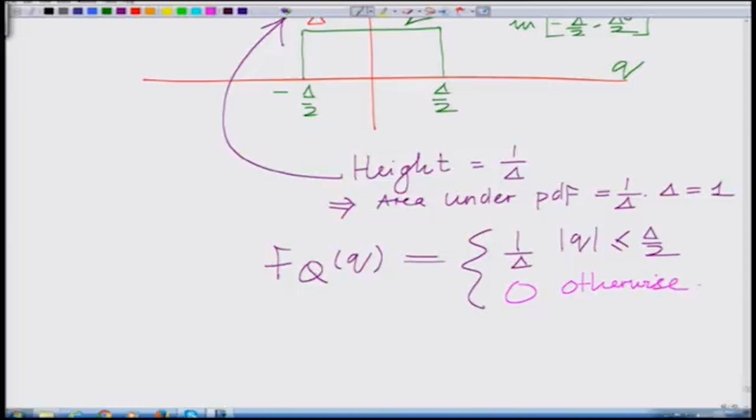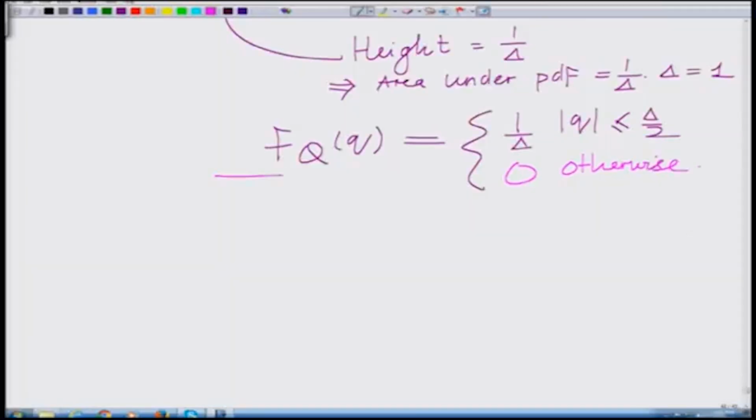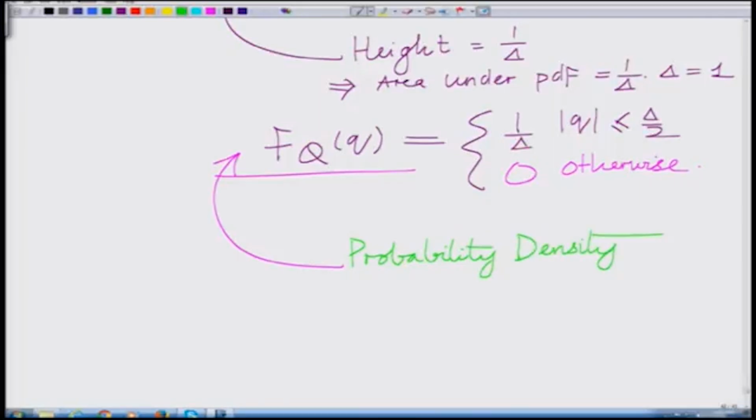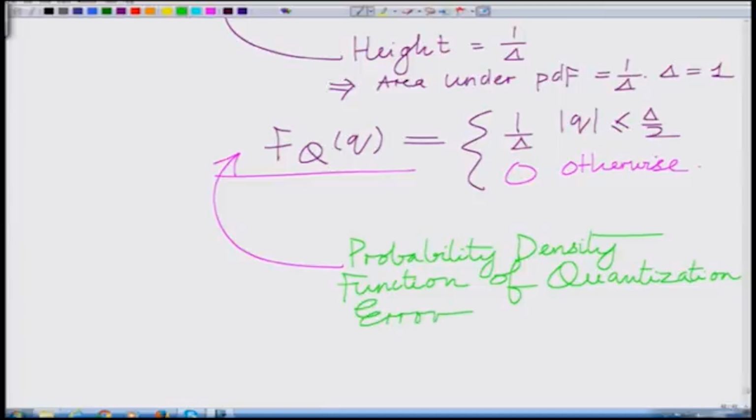This f of q is termed the probability density function of the quantization error.